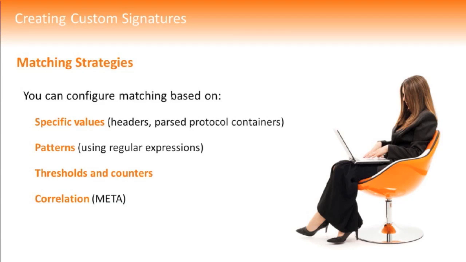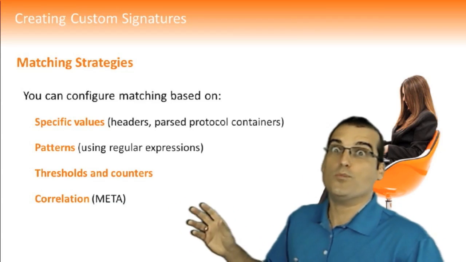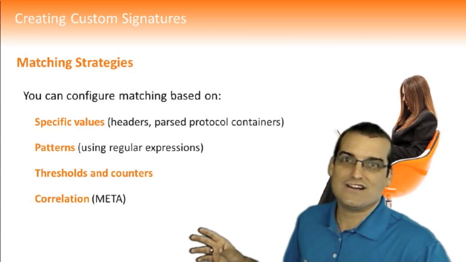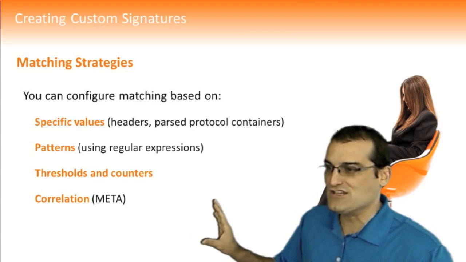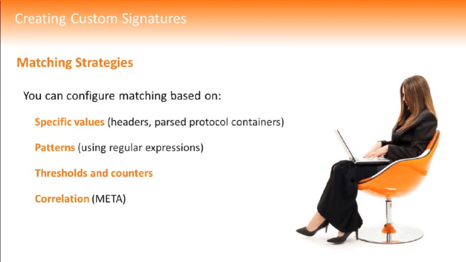We can match on thresholds and counters with the rate-based engines. We can even engage in correlation. You remember that correlation deals with AND, OR, and both AND/OR logic for particular signatures firing in a particular timing interval based on a particular key.